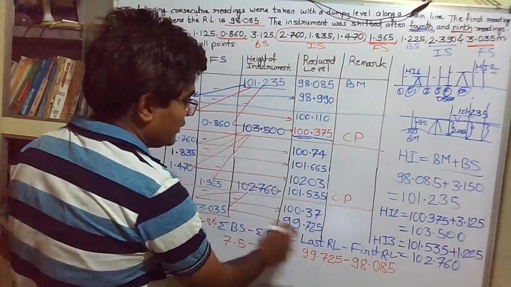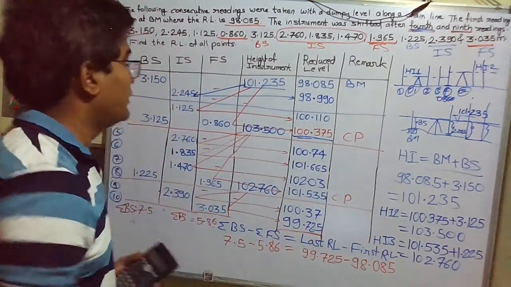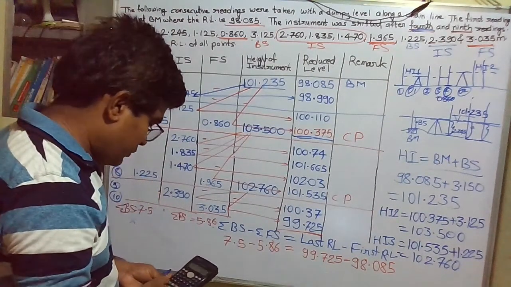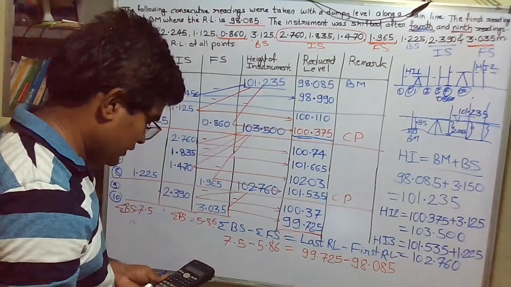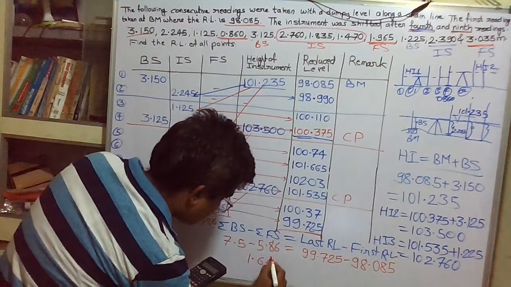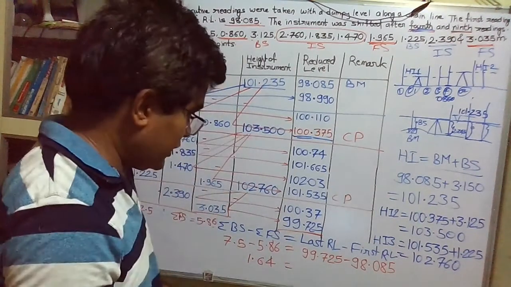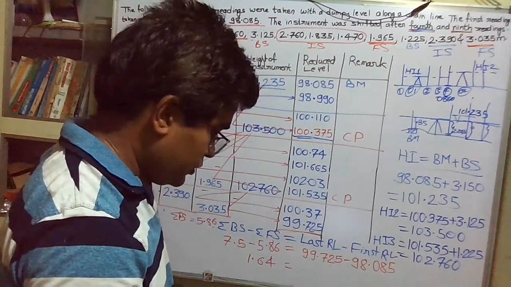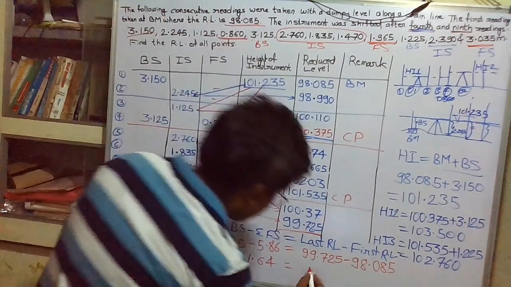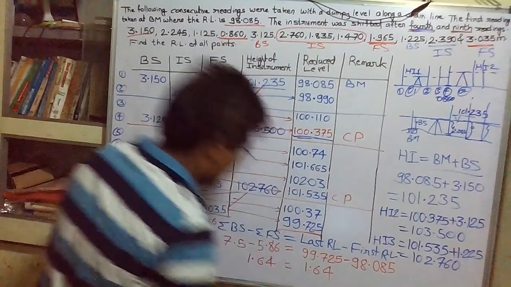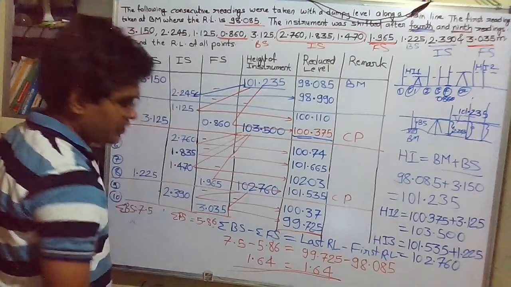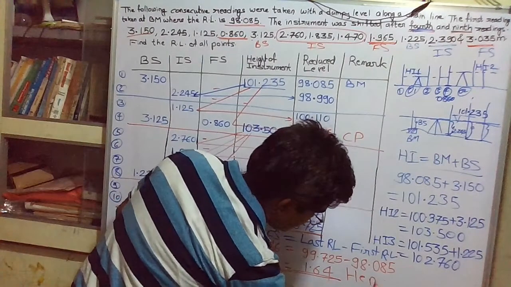This is the last RL that we got by calculation, and this is the first RL. Let us do the calculation. 7.5 minus 5.86 comes as 1.64. Again, 99.725 minus 98.085 is again 1.64. So we got the check, and you can write here: hence okay.